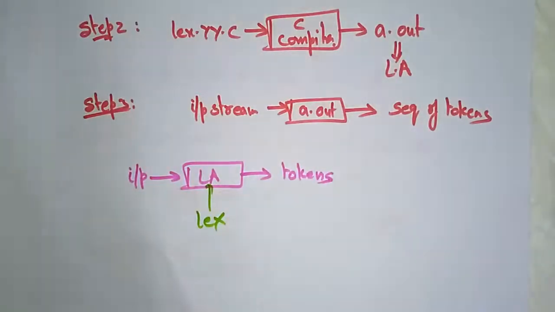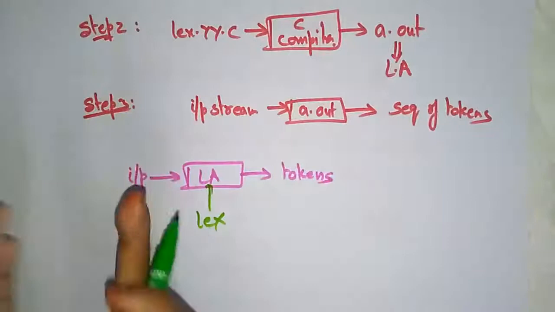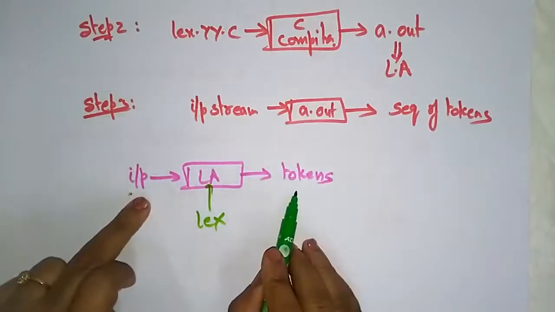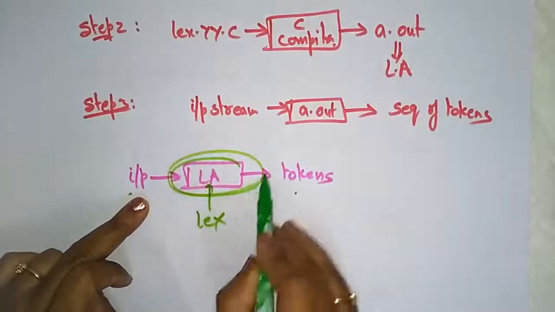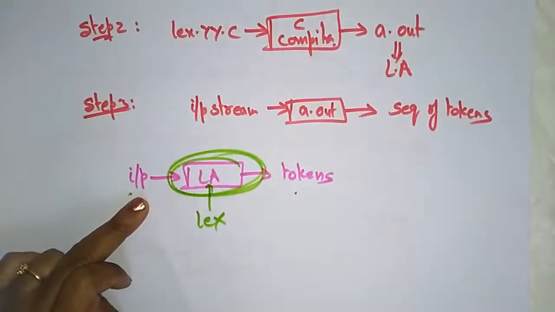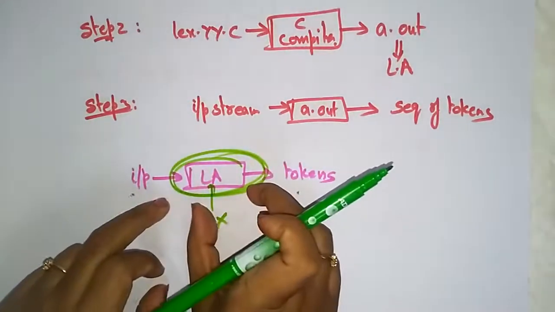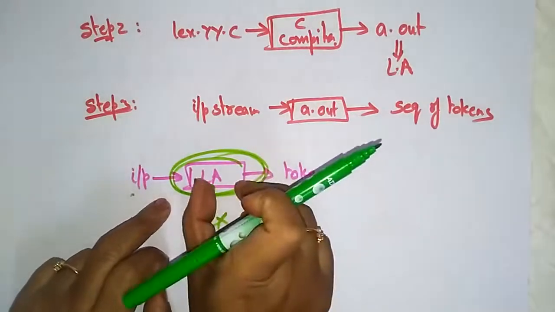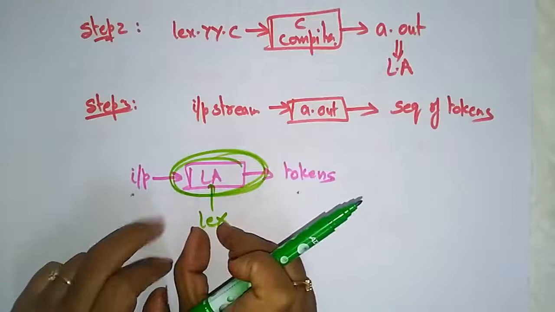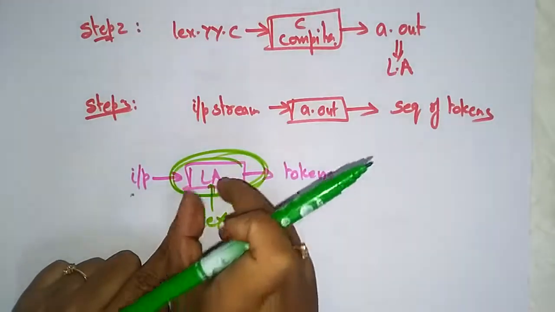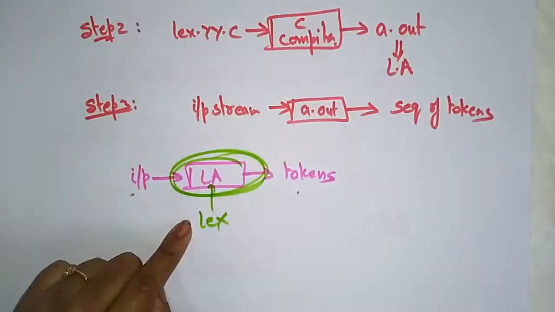Don't be confused: we just have an input and need tokens as output. In between there are many operations being performed. By skipping all those operations, the Lex tool automatically generates exactly what the lexical analyzer wants.